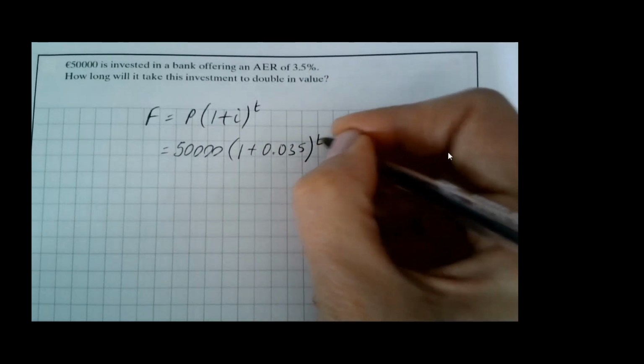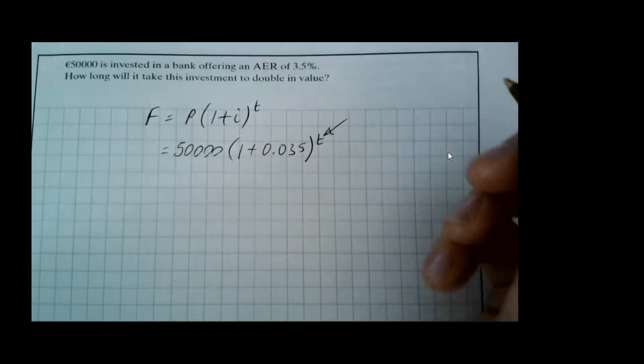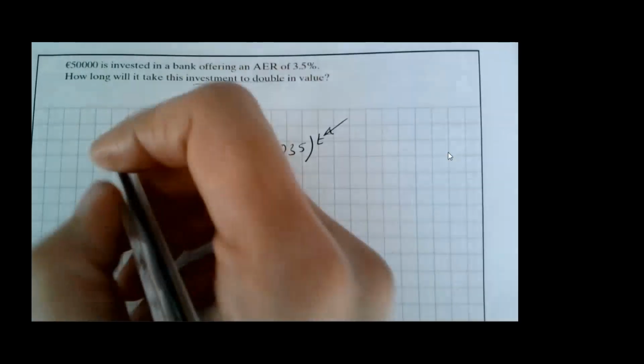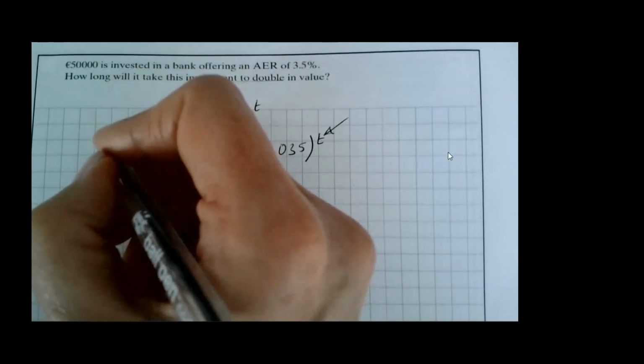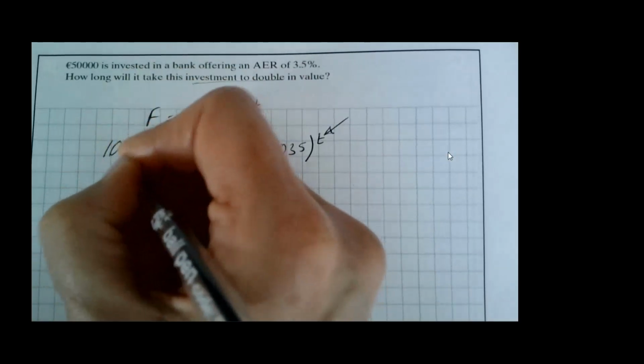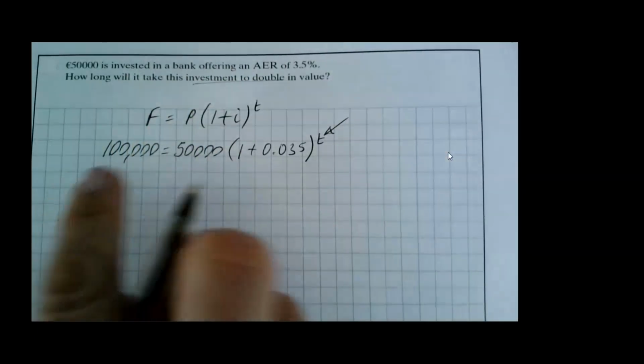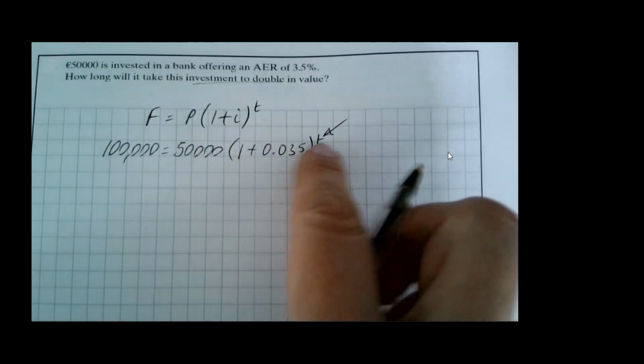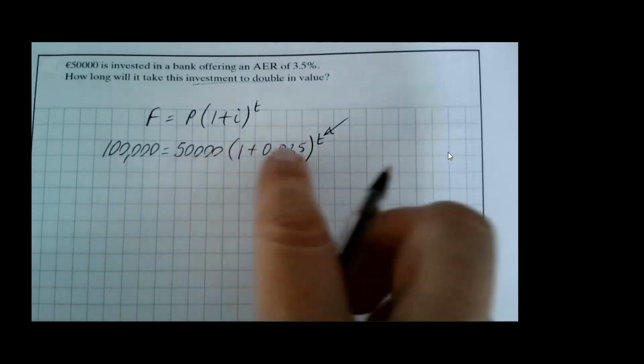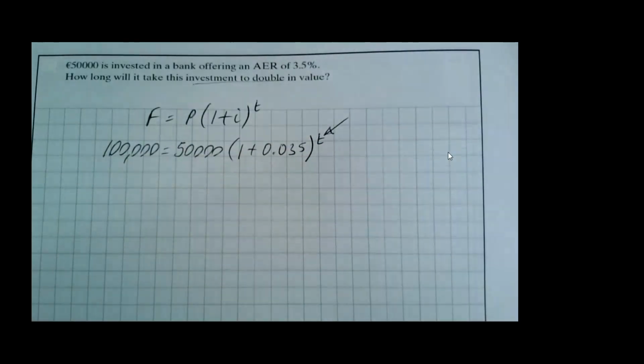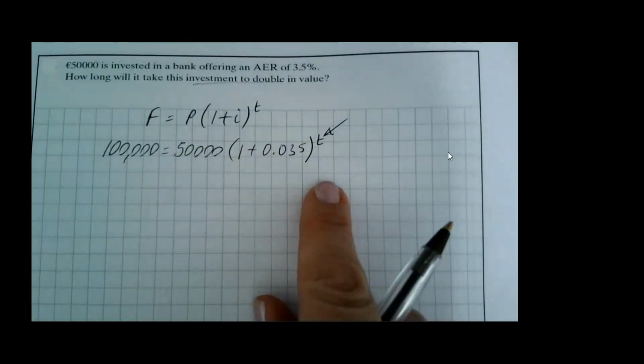And I'm obviously looking for how long it's going to take. So I'm looking for T. The investment needs to double in value. So double 50,000 is going to be 100,000. Okay, so I want to know how long it's going to take for this, at this rate, to get to 100,000. So this is what I'm going to look to do.